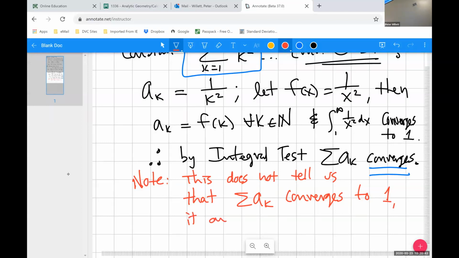It only tells us that it converges. To something.